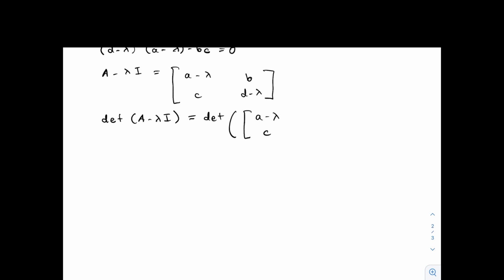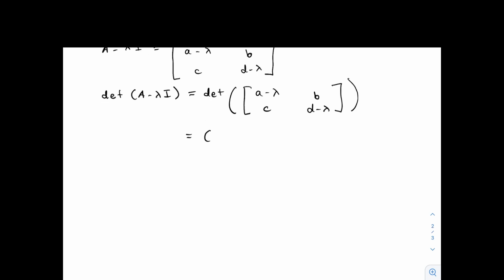So as a reminder, if we solve for A minus lambda I, and we get this matrix here, then applying the standard way of calculating a 2 by 2 determinant, the determinant of A minus lambda I is the determinant of this matrix, and we're going to multiply along the diagonal and subtract away the result off the diagonal, getting us to A minus lambda times D minus lambda minus BC.